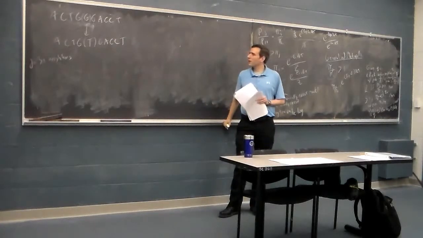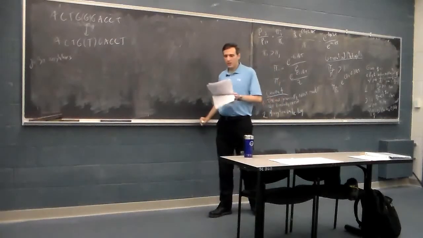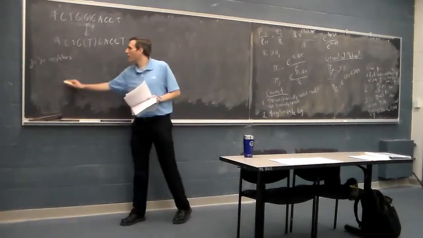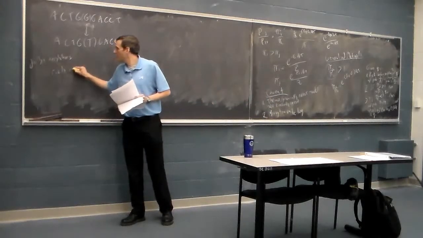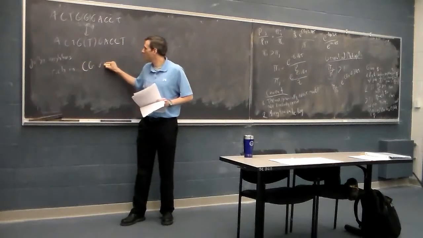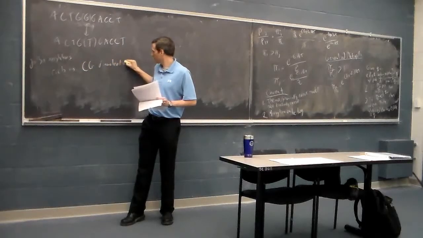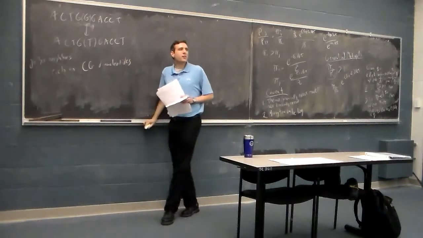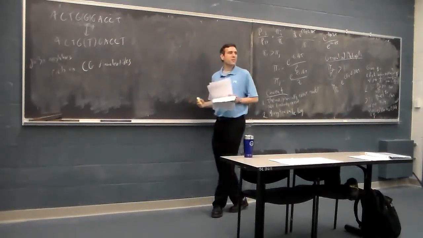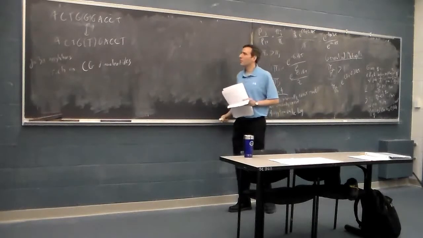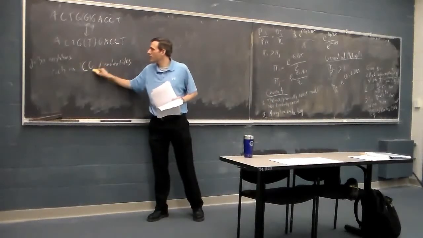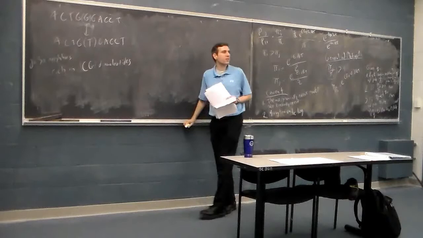But let's make it a little harder. And let's say we're trying to generate sequences that are rich in CG dinucleotides. So we want to generate sequences, and we're proposing that this comes from some region of the genome where you have an unusually large fraction of CG pairs.